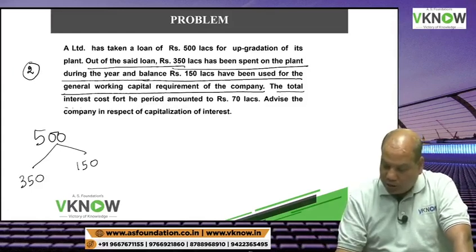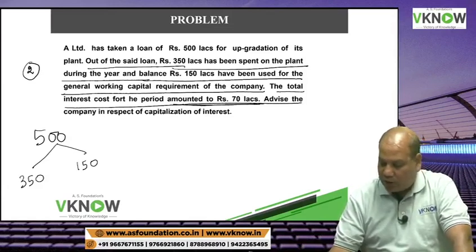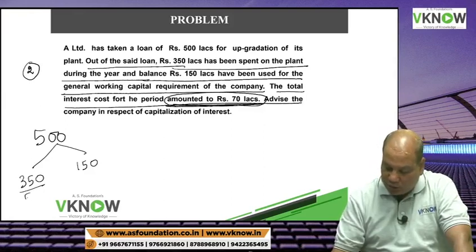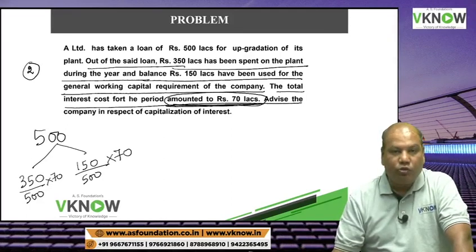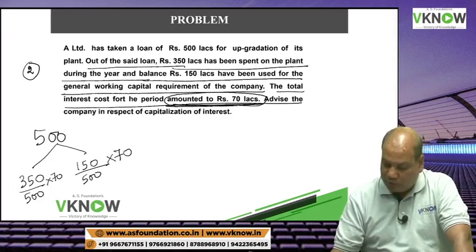The total interest cost is 70 lakh. I have to apportion that interest in the ratio of 350 to 150.